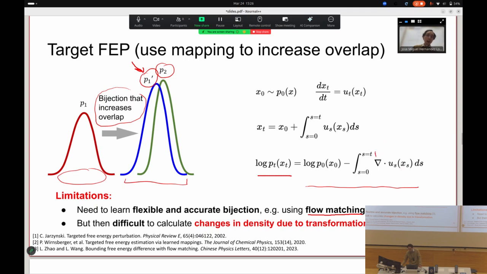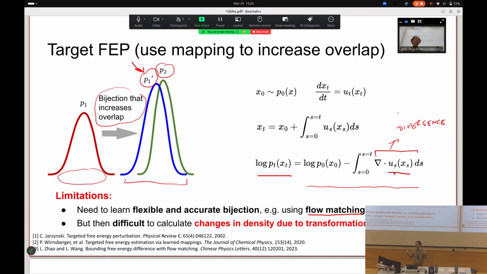There is this thing here. This is a divergence operator. Typically, this is the normalizing flow. It's going to be the output of a neural network that receives a data point and outputs a vector with the same dimension as a data point, and the divergence is the gradient of each of the outputs of your neural network with respect to the inputs.